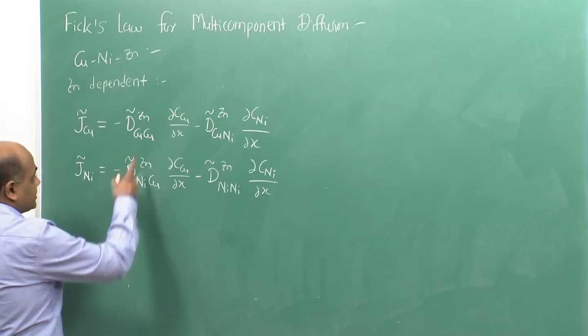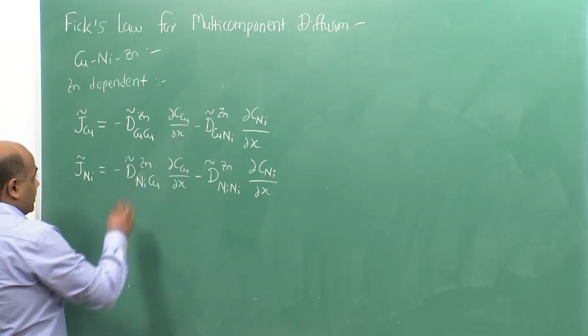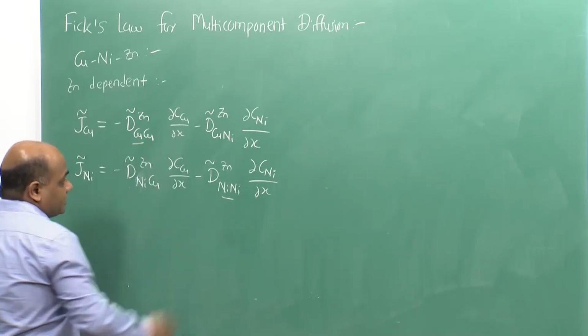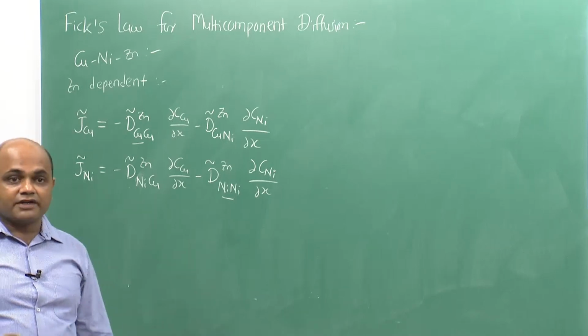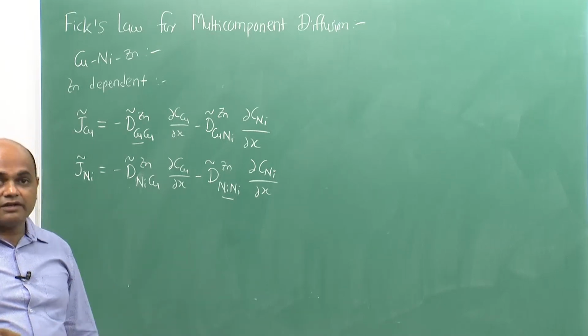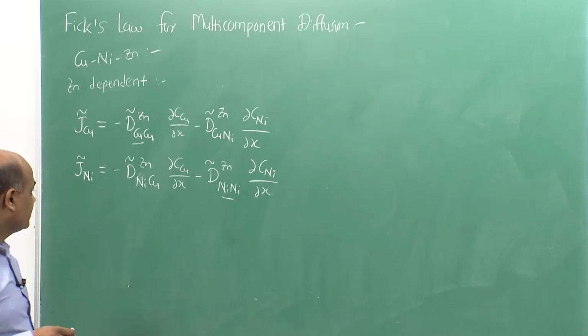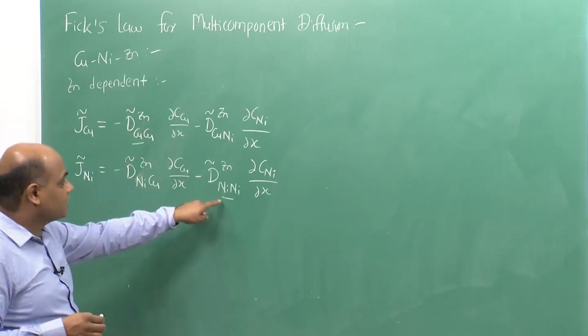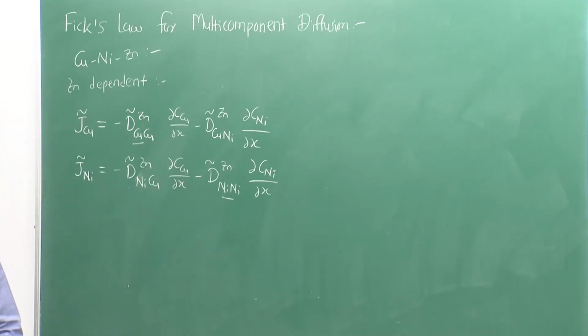So, in this case D copper copper, D nickel nickel, or D_ij~^n where i equal to j, in this case they are D copper copper zinc and D nickel nickel zinc. These are called main interdiffusion coefficients, right.